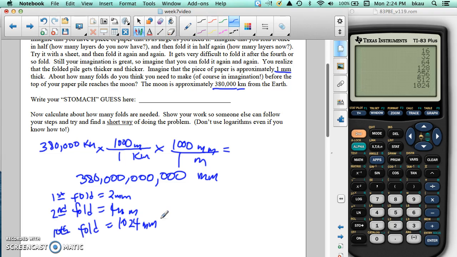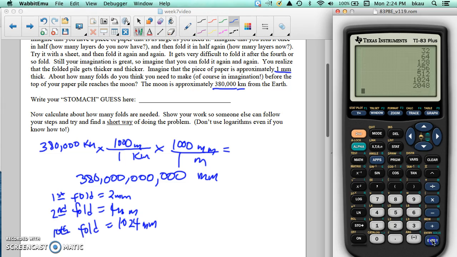Let's continue on here. So we're up to this point on our graph, 1,000, or we've used up all of those. It's a little more than that. So we're just going to keep going. So this is 11, 12, 13, 14, 15, 16, 17, 18, 19, 20.